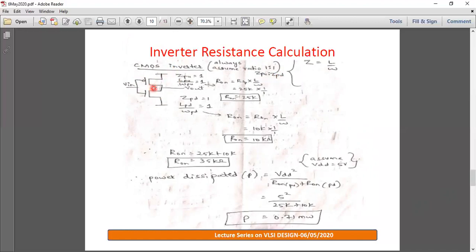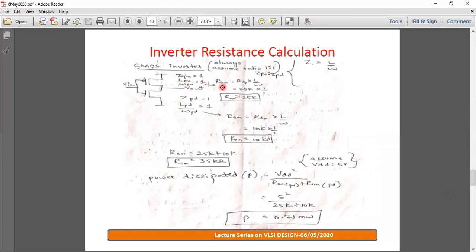CMOS inverter pull up device is a PMOS device and pull down device is an NMOS device. So pull up ratio is 1, pull down ratio is 1. So ZPU, pull up ratio, is 1. As you know, Z is L by W. So L by W for pull up is 1. That can be written as L by W equals 1 by 1.